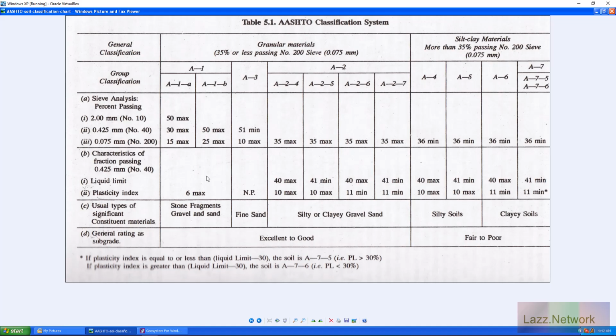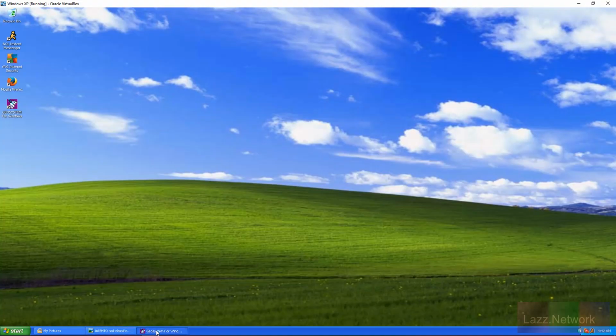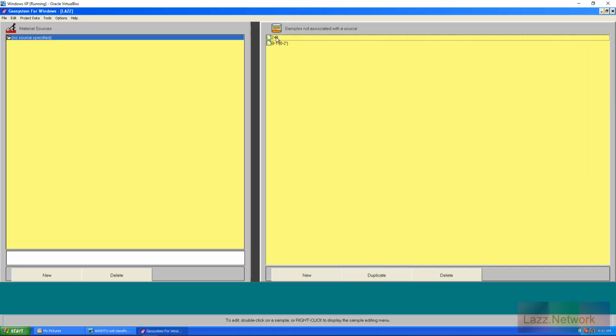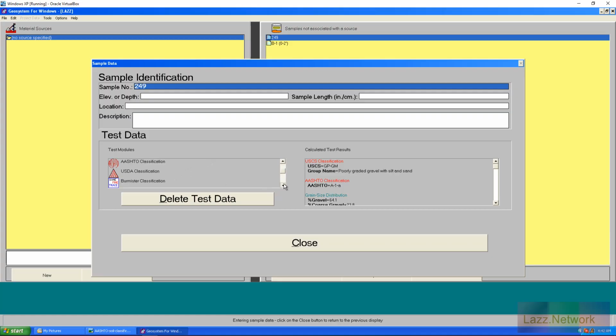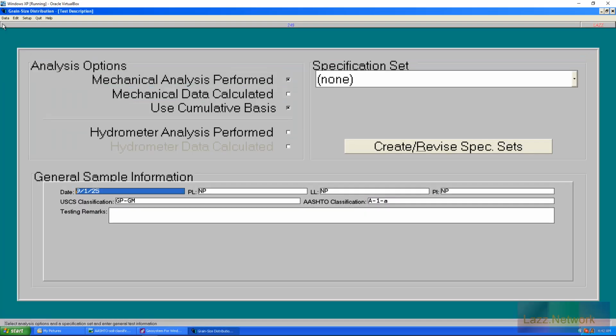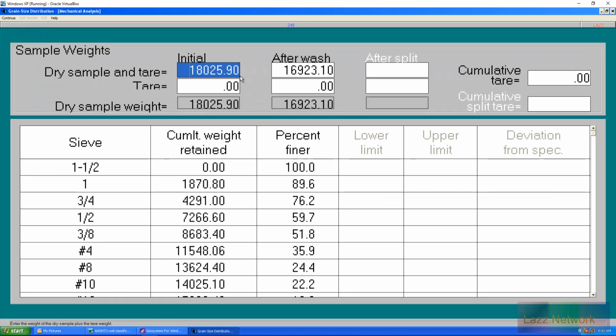This is only saying 4.4 because of... I'm wondering if I'm messing up. I mean, it's still going to be an A-1-a, but now I'm wondering if I messed up the gradation while entering in the mechanical data. I mean, that is technically our afterwash. Is this doing something weird?